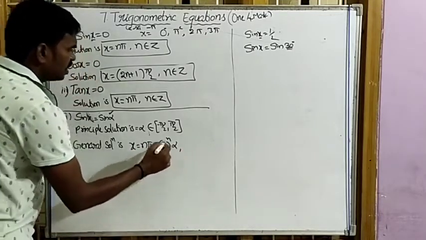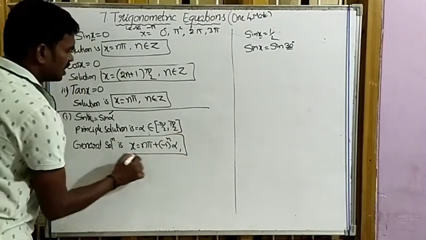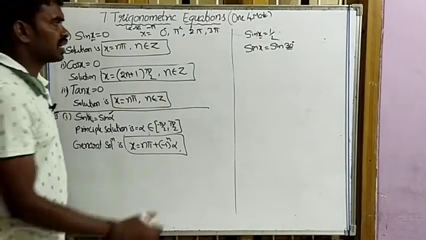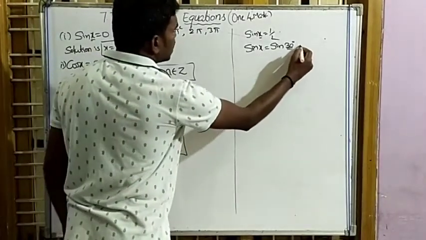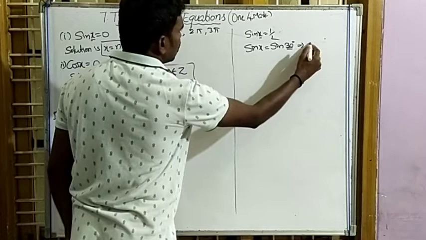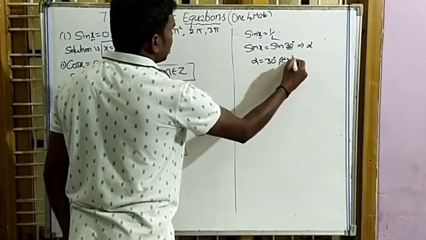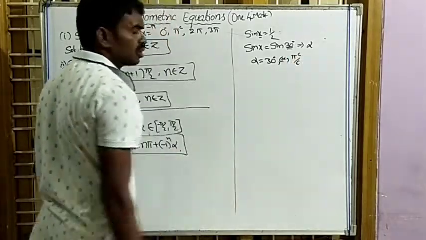Okay, what is alpha? Alpha is a principal solution. For example, in this question, alpha is 30 degrees, or we can write pi by 6 radians. However, both are correct.